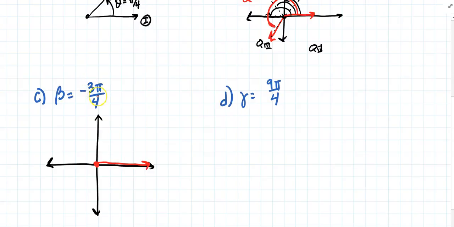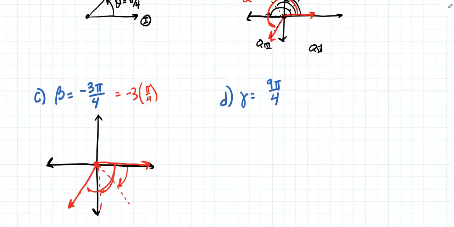And if I want negative 3 pi over 4, the way that my brain looks at this is negative 3 multiples of pi over 4. I love pi over 4 because it always splits one quadrant in half. Since it's negative, I'm going to swing down. So swinging down, that would be negative 1 pi over 4. Swinging down to here would be negative 2 pi over 4. And then swinging down to here would be negative 3 pi over 4.